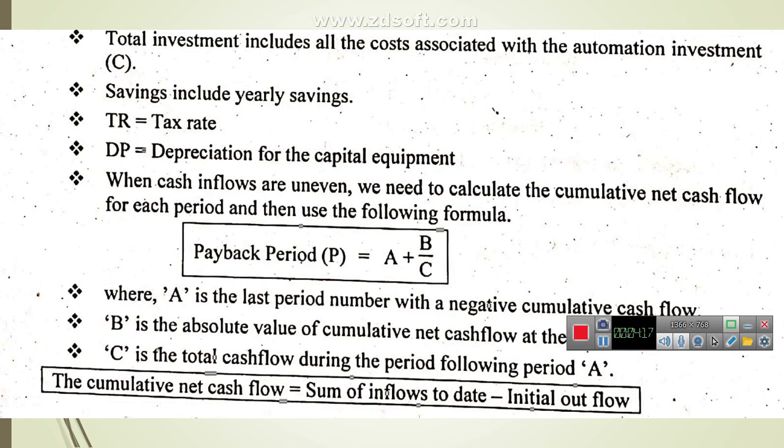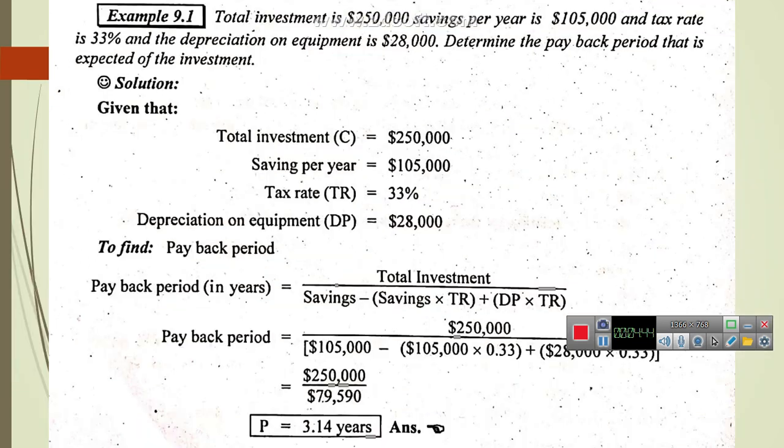Payback period P equals A plus B divided by C, where A is the last period with a negative cumulative cash flow, B is the absolute value of the cumulative net cash flow, and C is the cash flow during the period following A. The cumulative net cash flow equals the sum of inflows to date minus the initial outflow.